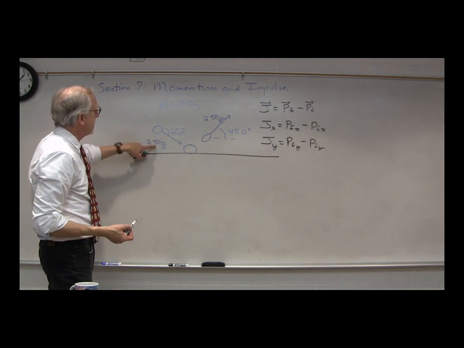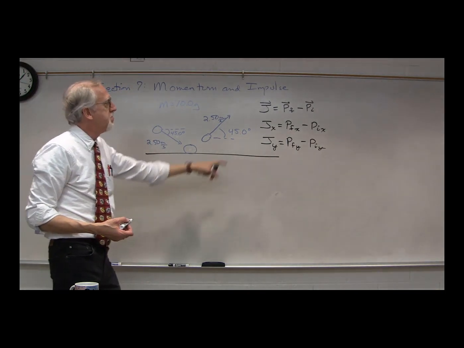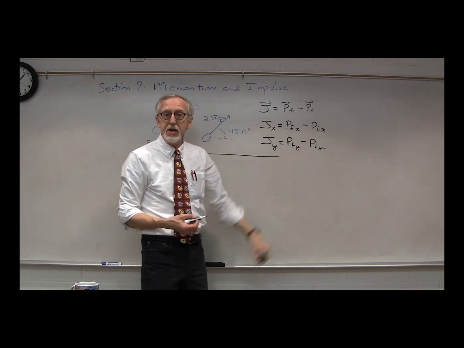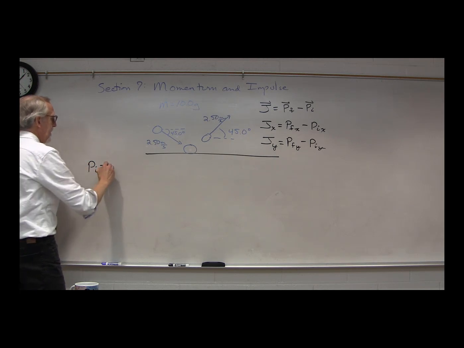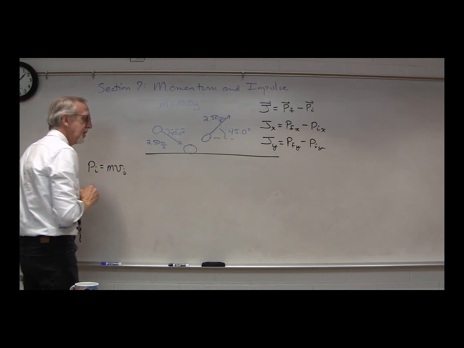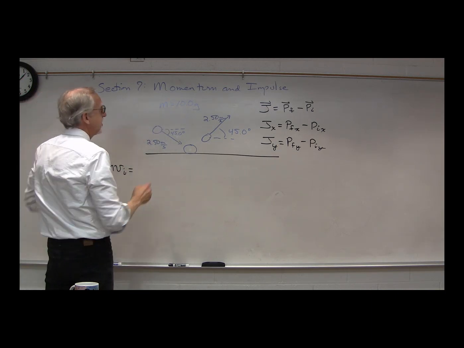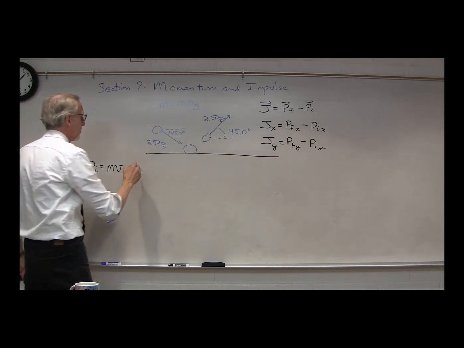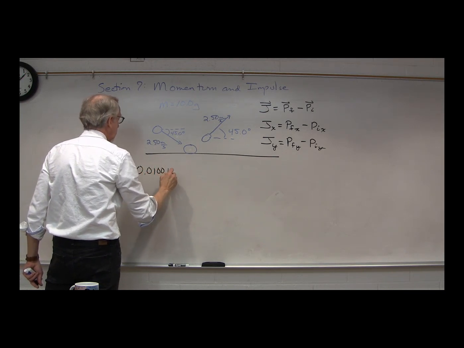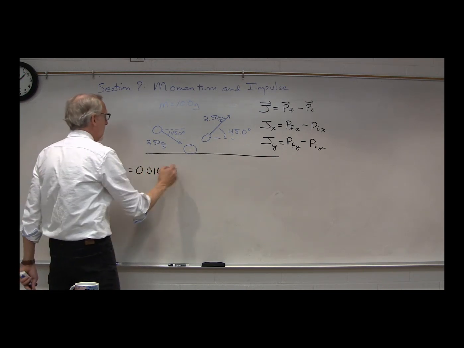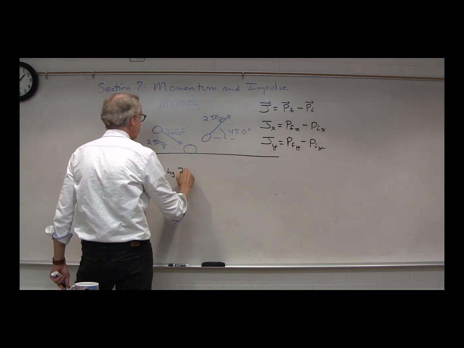So here's our mass, here's our speed, here's our initial situation. What's the magnitude of our initial momentum? Our initial momentum is m v initial. Now what's the mass? That's in grams. Let's put it in kilograms, so that will be divided by 1,000: 0.0100 kilograms, times v initial, which is 2.50 meters per second.